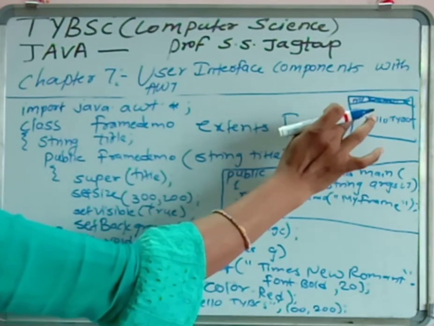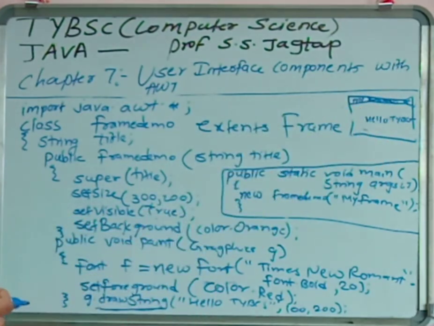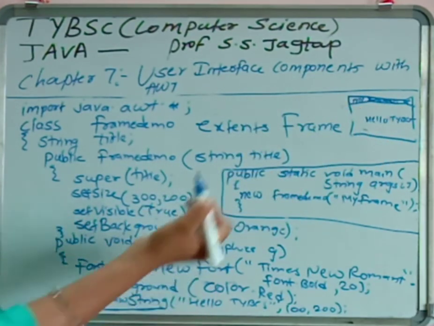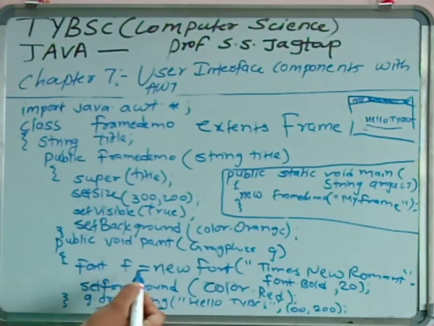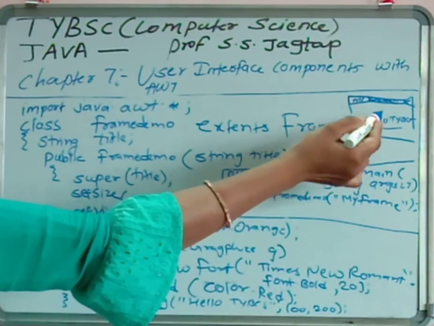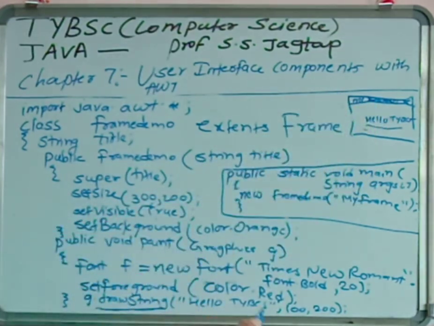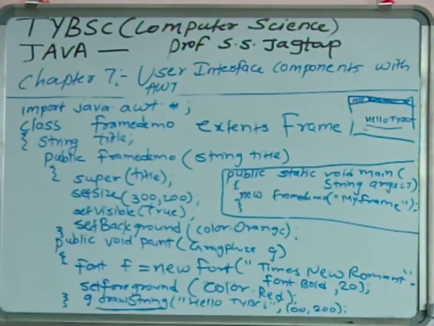Background color is the background of the window, so the background color is orange. Then in the paint method, the font is set with Font F as new Font Times New Roman, bold, and size 20, for Hello TYBCS, and the color is red for that particular string. This is the example we have seen for Abstract Window Toolkit and Swing.